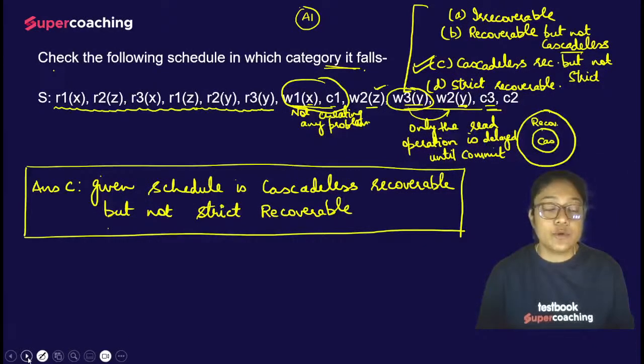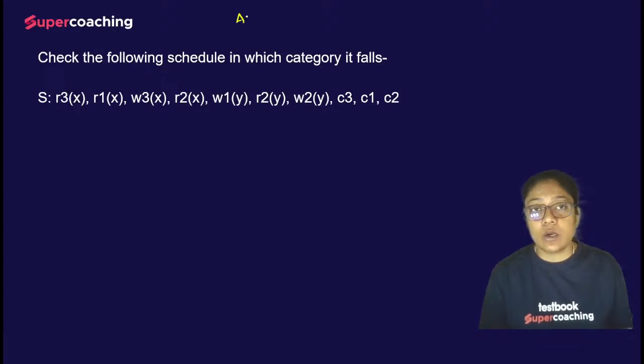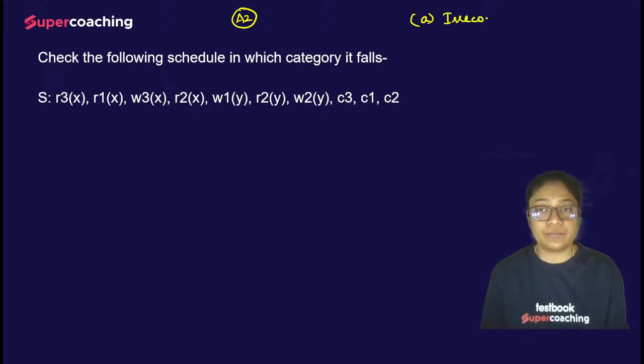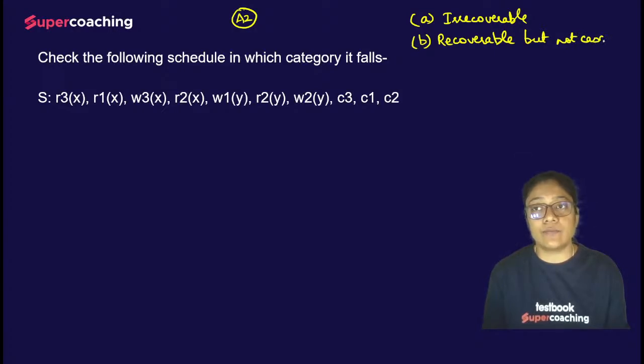Okay, let's move on to the second assignment question. Here also the question is the same. In which category does the given schedule fall? Is it irrecoverable, recoverable? So what is the answer? Is it option A, irrecoverable schedule? Or option B, which is recoverable but not cascadeless? Or cascadeless but not strict?